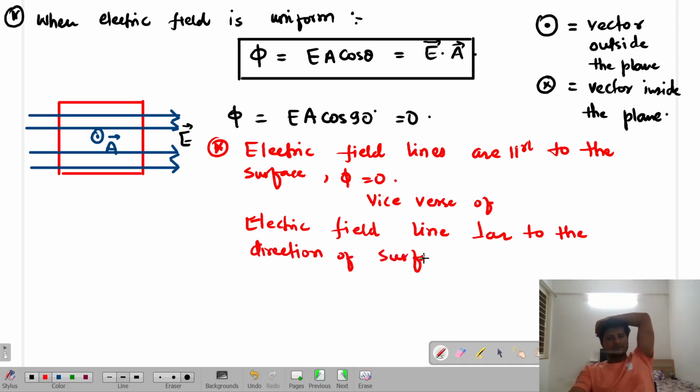So direction of surface and just the word surface have two different meanings. Surface means this particular plane, and direction of surface means the normal vector which will be drawn on that plane. Are you able to get me or not? ठीक है?